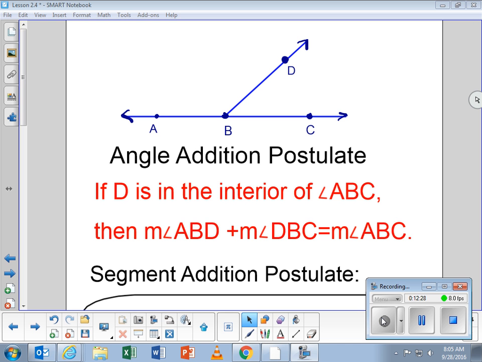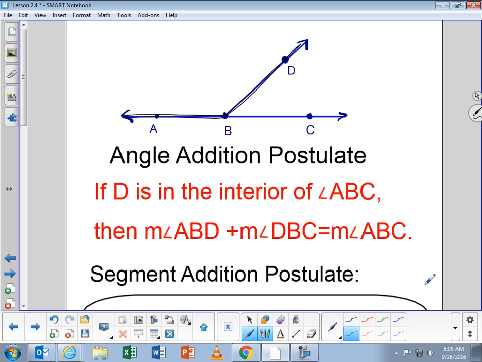You may not be quite finished copying, but you'll have some time here. If we look at angle ABD, I'm sorry, misspoke, angle ABD is that angle there, right? And then angle DBC is this angle here.